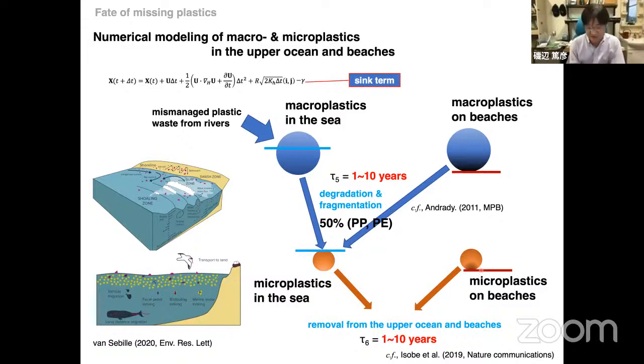In the present study, we assume a variety of tau6, the time scale for the removal rate, from 1 to 10 years. The removal process is very difficult to explain at the present time. It includes, for example, vertical mixing from the upper layer to the deep ocean by wave breaking or laminar circulation, as well as physical and biochemical processes, including biofouling and vertical migration after aggregation.